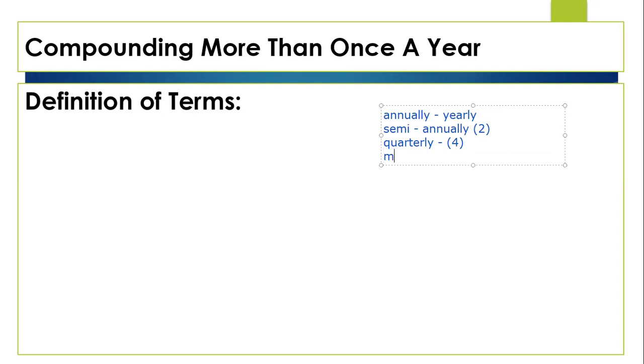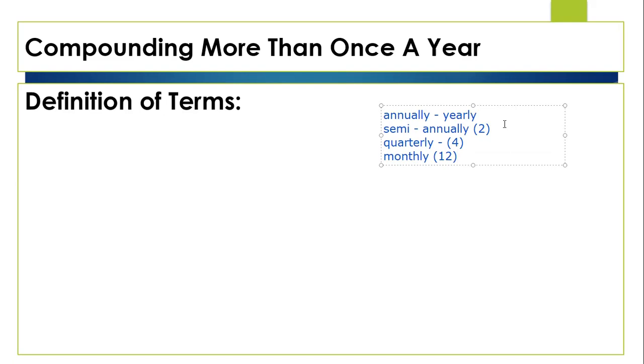Kapag naman monthly, so hinati natin sa buwan-buwan daw eh. Ilang buwan ba meron sa isang taon? That is 12. So pwedeng ma-compound more than once a year. Pwedeng compounded semi-annually, quarterly, monthly, etc. Okay? So yun po yung compounding more than once a year.